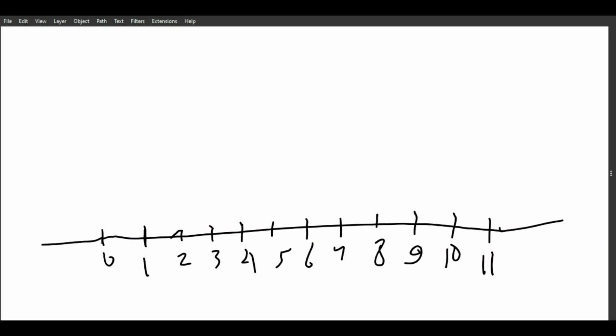There are several intervals. These are requests. So for example, the first interval we can have starting from 1 up to 10. This is the first interval request. Start time is 1, finish time is 10.